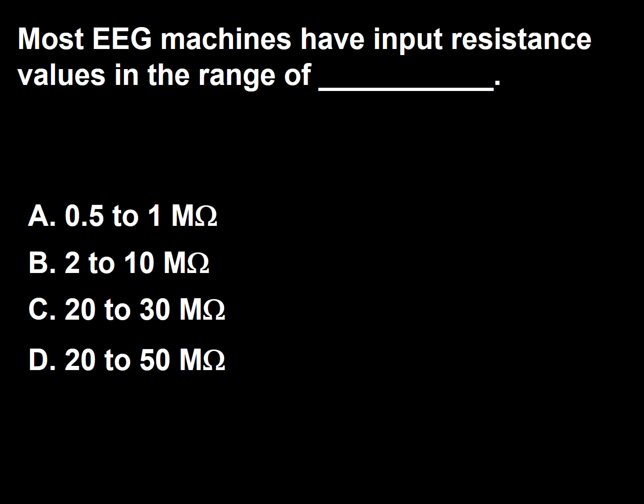Next question. Most EEG machines have input resistance value in the range of dash. A, 0.5 to 1 mega ohms, B, 2 to 10 mega ohms, C, 20 to 30 mega ohms, D, 20 to 50 mega ohms.